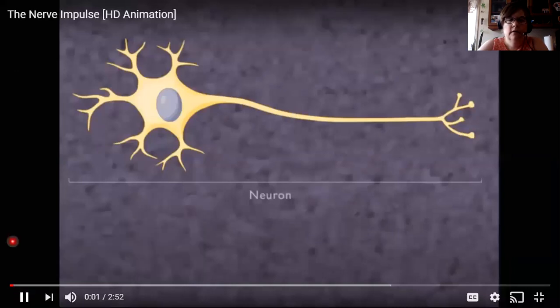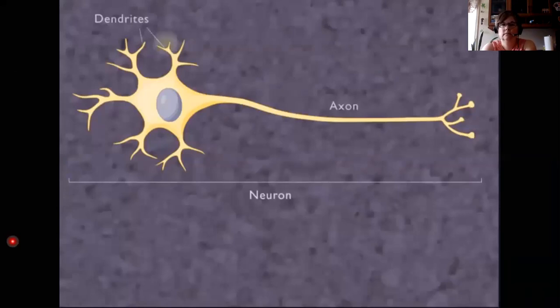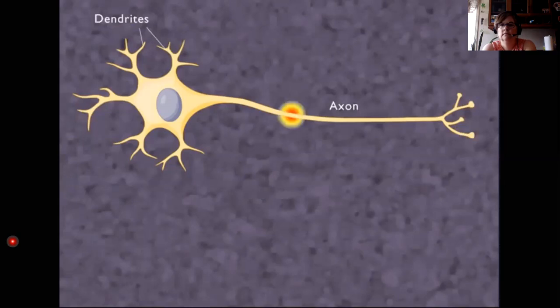A nerve pulse is an electrical current that travels along dendrites or axons due to ions moving through voltage-gated channels in the neuron's plasma membrane. Voltage-gated channels open and close in response to an electrical voltage, so they are affected by changes in electrical charge around them. When a neuron is at rest, a charge difference is maintained between the inside and outside of the cell.